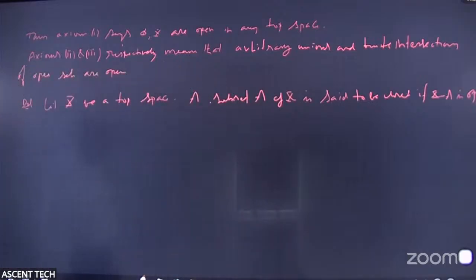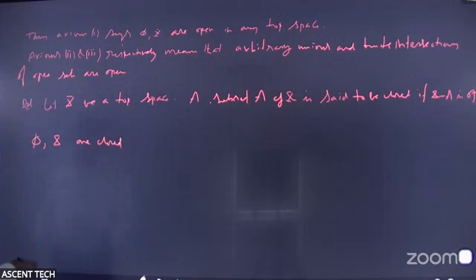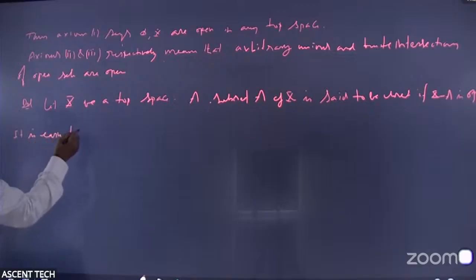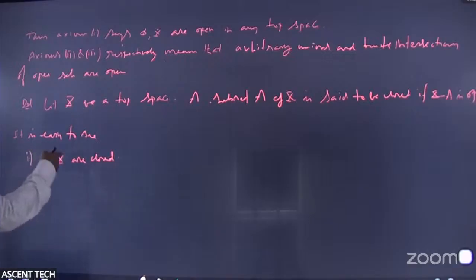So as such, immediately you see that the empty set's complement is the whole space, which is open, therefore the empty set is closed. X's complement is the empty set and that is open, therefore X is closed. In general, it is easy to see: one, the empty set and X are closed, because their complements are X and empty, which are open.